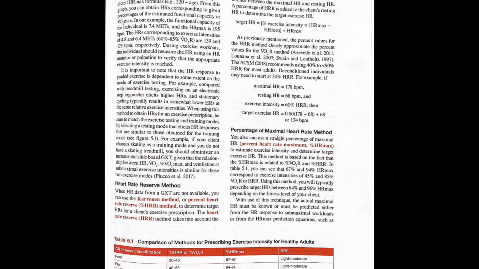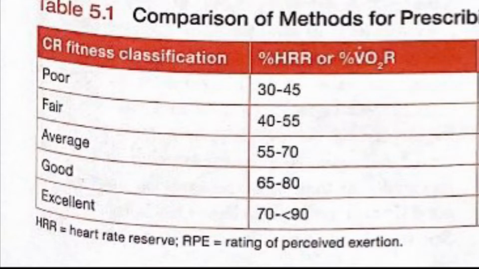So in question number 7, you have to calculate what John's fitness classification is. So anywhere between poor to excellent, seen in table 5.1, the comparison of methods for prescribing exercise intensity for healthy adults. So once you identify his fitness classification, you'll use the percentage of the heart rate reserve, or that second column, and you will take the first value and you'll take the second value.